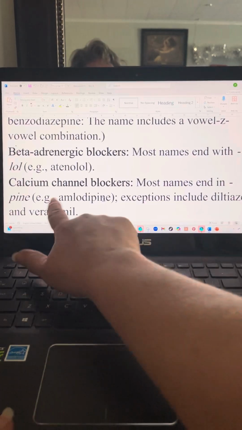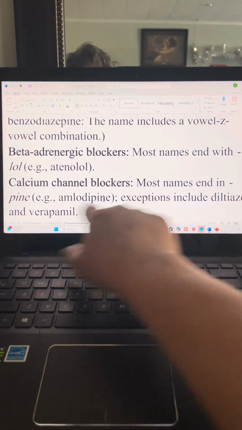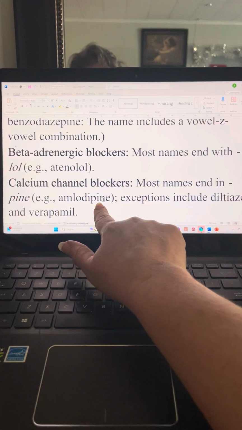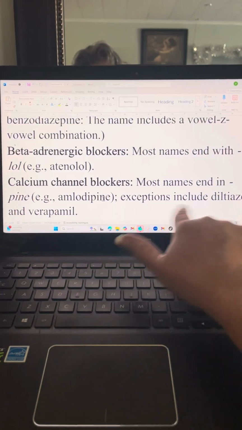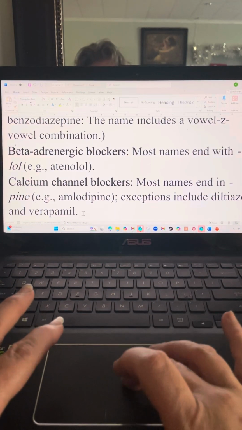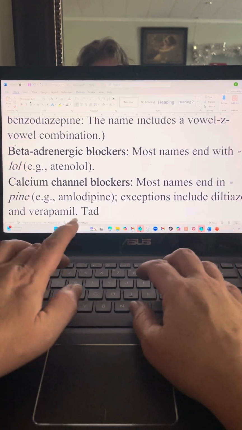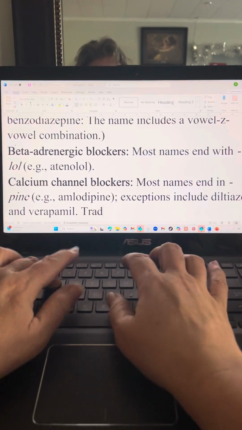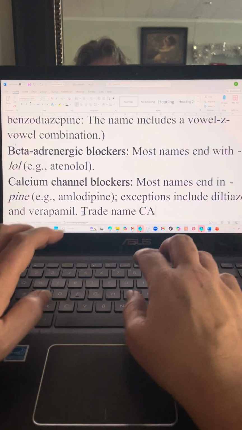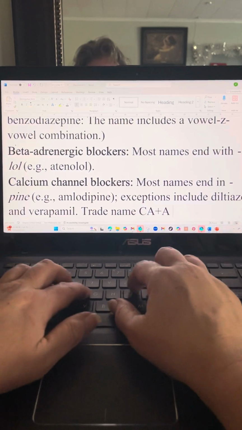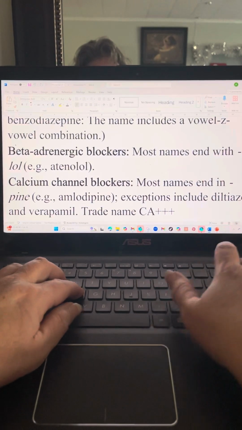Okay, calcium channel blockers. Most of them end in dipine, like amlodipine. You have a couple of exceptions, but the trade name, which I can't spell, has CA in it, like Dukifar. I shouldn't be doing this and trying to type.